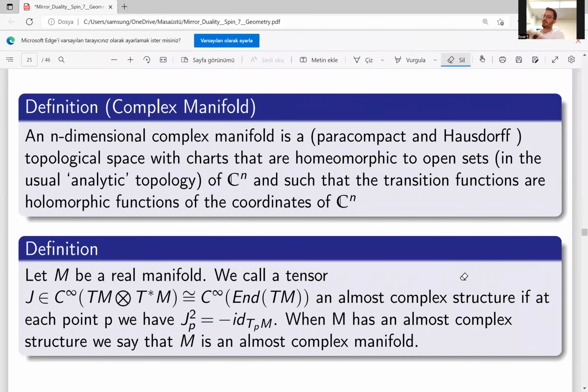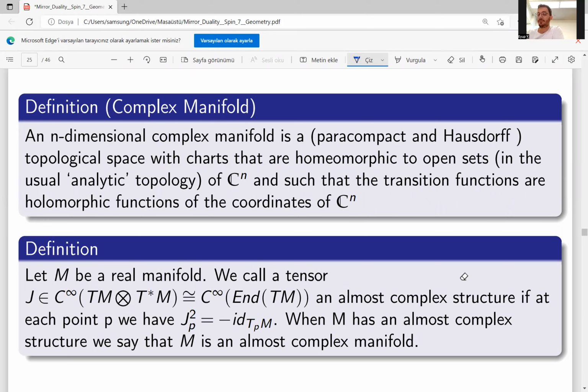Here, a complex manifold, an n-dimensional complex manifold, can be defined as a topological space with charts that are homeomorphic to open sets of Cn.